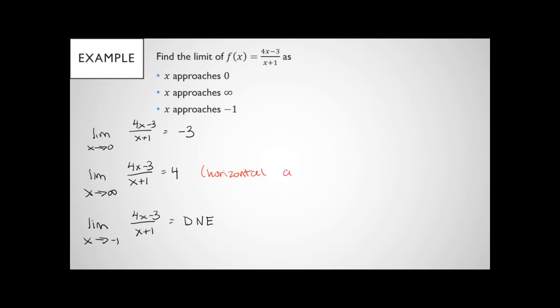So I'm going to just put a note here that the one above is the horizontal asymptote. Left side went to positive infinity. They're coming from the right side. Comes from negative infinity. They don't match. And so if it's not specified a specific direction, you assume both sides and they need to match in order to have a limit. Since there's a contradiction, we say DNE, does not exist.